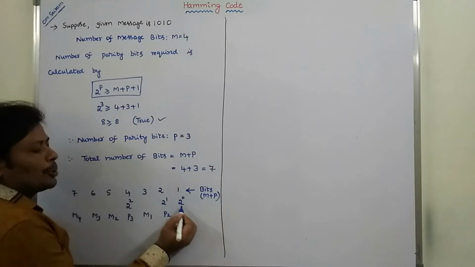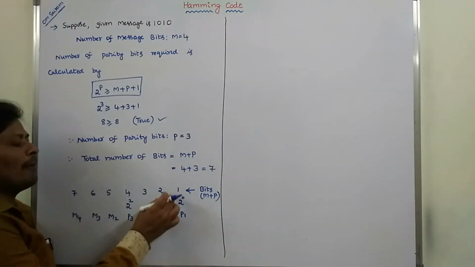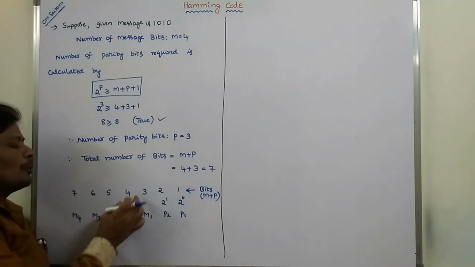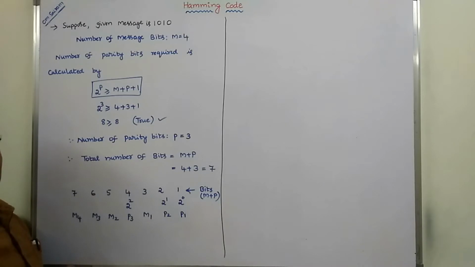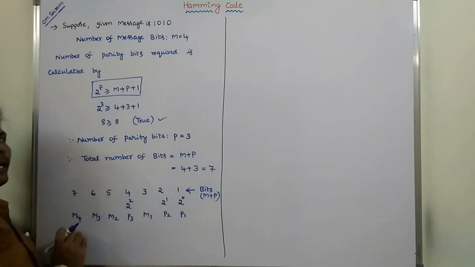Here at the 2 power 0 position, parity bit P1 is there. At the 2 power 1 position, parity bit P2 is there. At the 2 power 2 position, parity bit P3 is there. Next, the remaining bits are the message bits we have to insert, that is M1, M2, M3, M4.